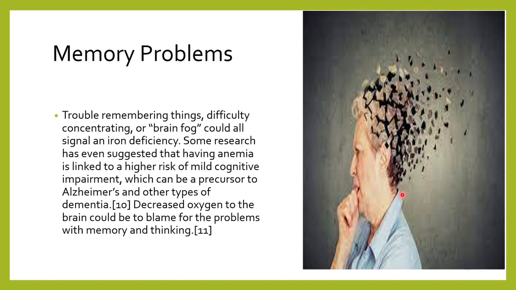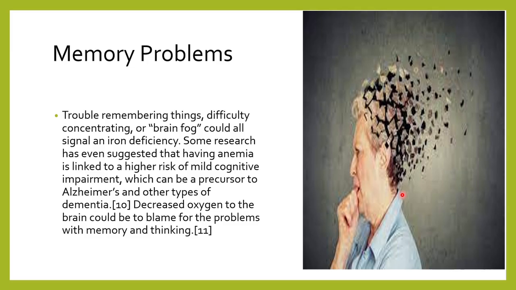In anemia, the patient can have memory problems. They might have trouble remembering things, or they might have trouble concentrating, focusing. There might be brain fog. All these can signal that the patient might have anemia. Some researchers have even suggested that severe anemia is linked with a higher risk of mild cognitive impairment, which can be a precursor to Alzheimer's and other types of dementia.